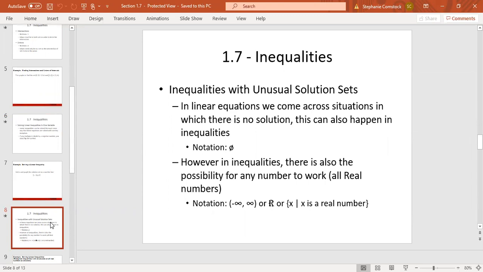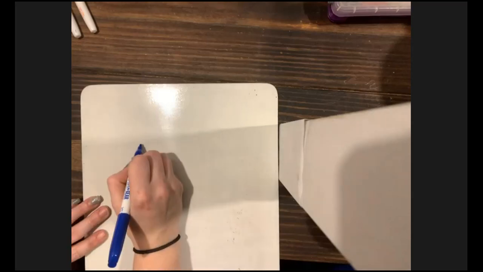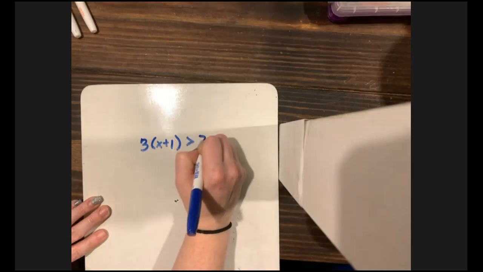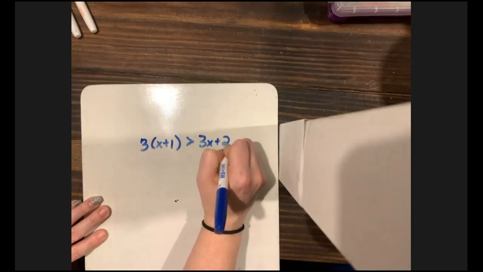In that case, we'll either be using the negative infinity to infinity or all real numbers type of notation. So we're going to take a look at an example of what one of these looks like as we process. The example that we're going to look at is 3 times the quantity x plus 1, greater than 3x plus 2.